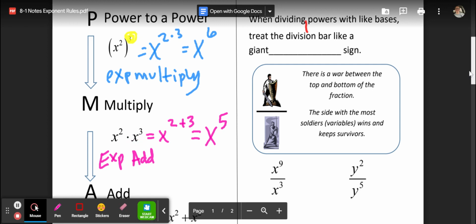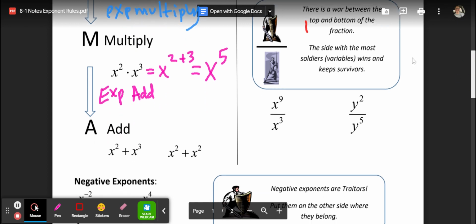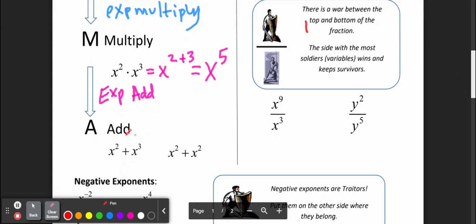If we move down a little bit more. Now it's showing us addition. There's a plus sign in between 2 terms. These 2 terms have the same base, but we have to treat them like terms. This term is different than this term. When we were combining like terms, if they had a different exponent, then we can't combine them.